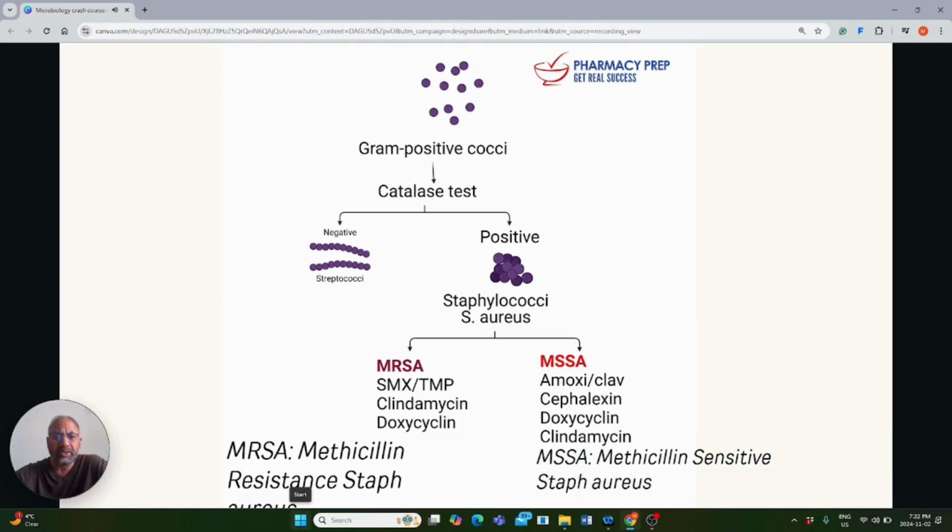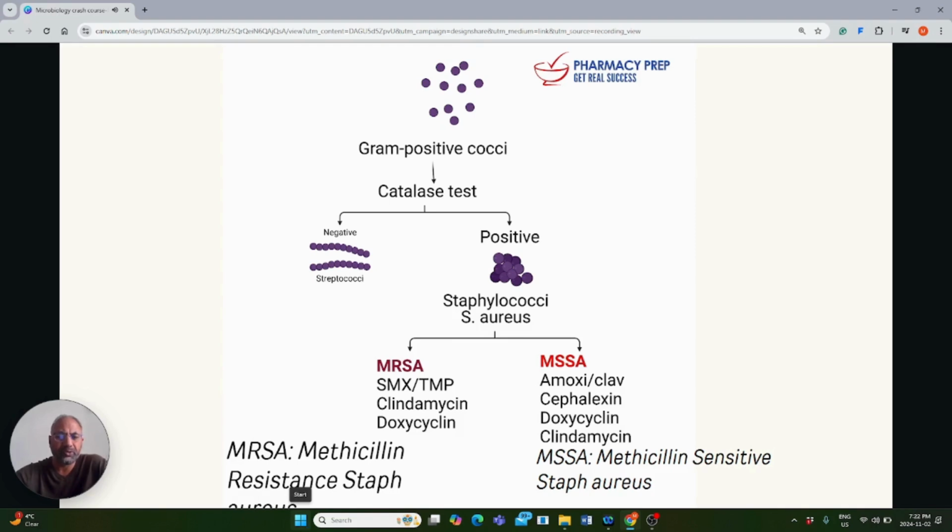And MSSA is the penicillin sensitive organisms, and they can be treated with any of the penicillins, the amoxicillin, clavulanic acid, cephalexin, doxycycline, clindamycin, any of those. Okay, so actually, why are we calling this MRSA and MSSA? We talk about only one penicillin, which is the methicillin.